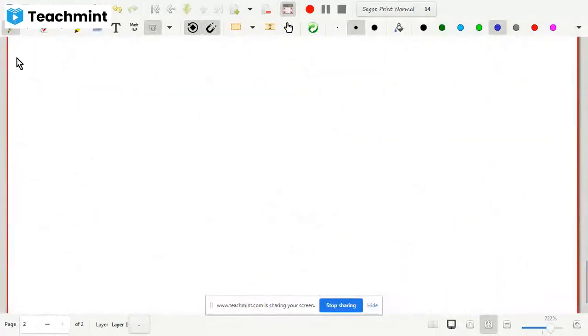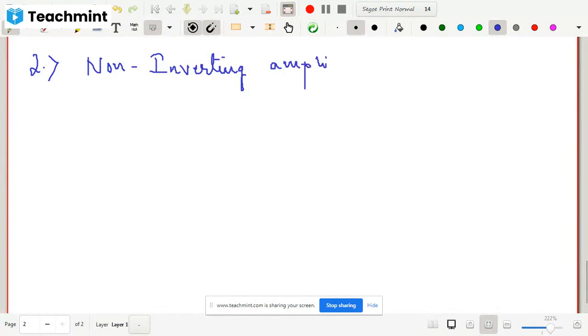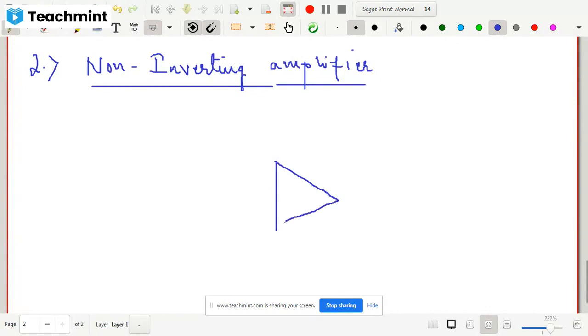So very quickly, let me go to the second one, that is my non-inverting amplifier. The input will be given to the non-inverting terminal, as I told you. So here now let me quickly draw the diagram again.